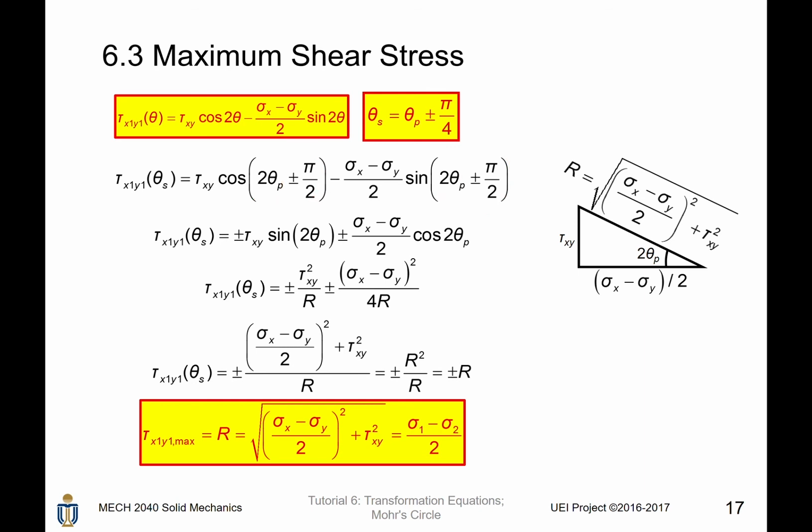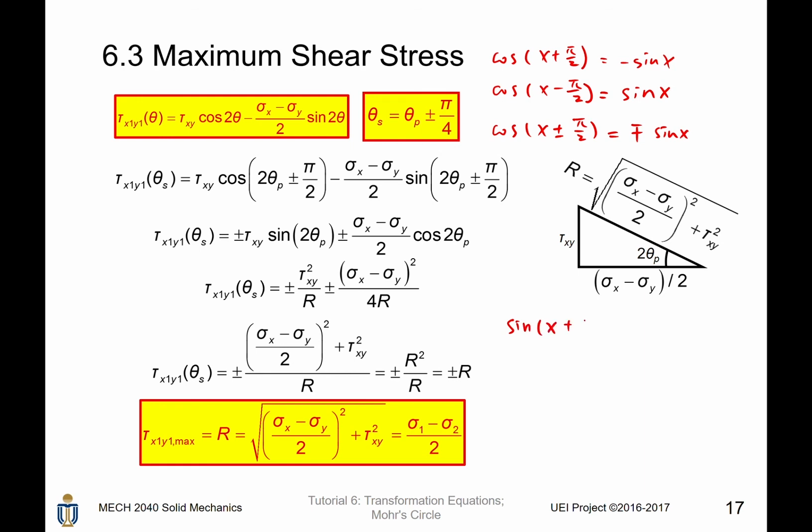Still, remember that cosine x plus pi over 2 equals minus sine x. Cosine x minus pi over 2 equals sine x. Then we get cosine x plus or minus pi over 2 equals minus or plus sine x. Similarly, sine x plus pi over 2 equals cosine x. Sine x minus pi over 2 equals minus cosine x.